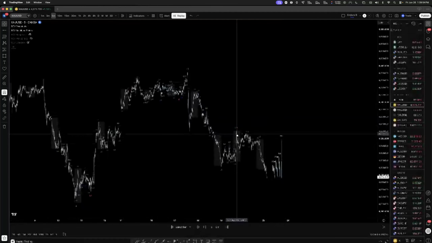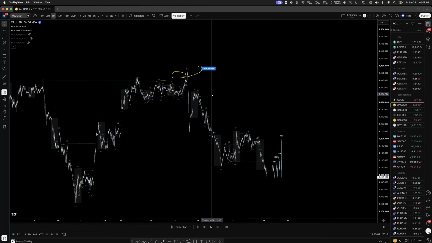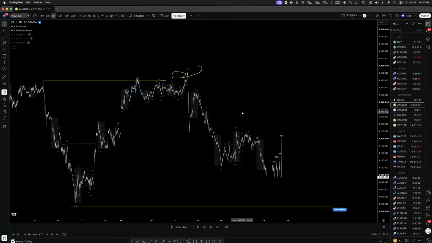The structural disruption. Well, it depends. Kind of. But my bias, I think, came from the daily, from this swept right here. So I thought this is going to be the next target.